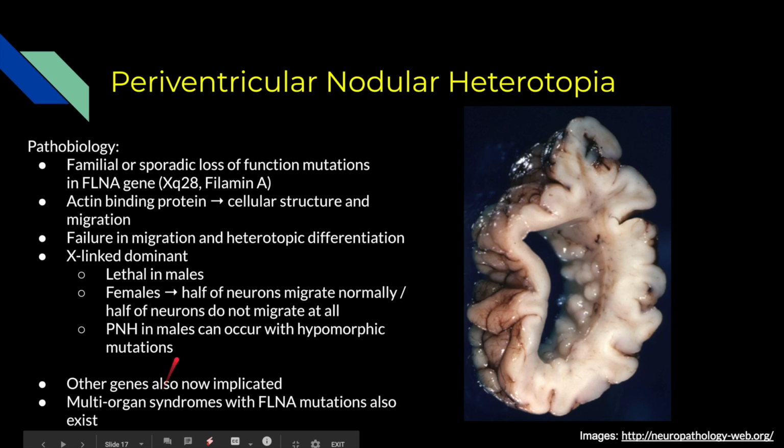As you can imagine, cytoskeletal structure is important for all cells, and thus many of these disorders can also be seen as part of a constellation of multi-organ syndromes in patients with these mutations.